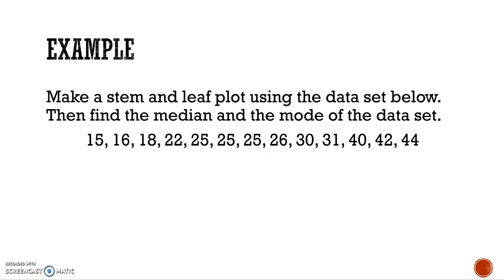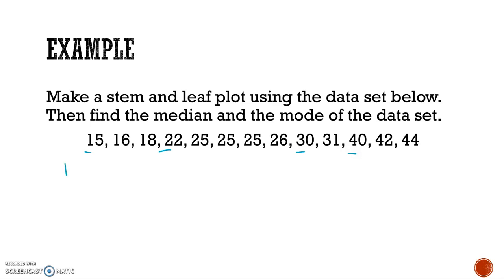Alright, so we've got 3 examples to try creating these. We have the data set here, and you can see that they're already in order. There are only 2-digit numbers, so that means all your tens digits are the stem and all your ones digits are the leaf. You can see I have tens of 10, 20, 30, and 40.